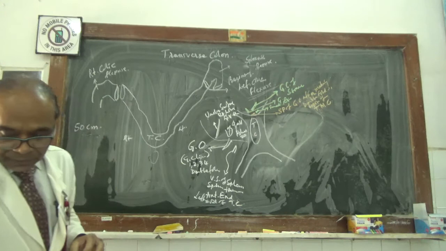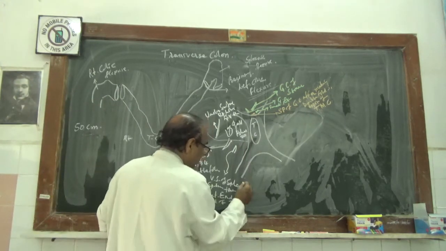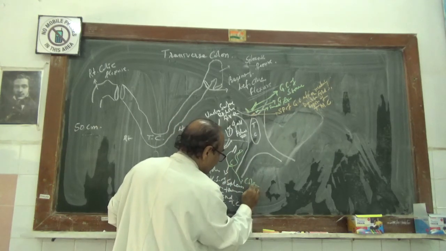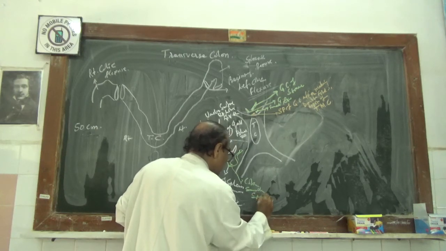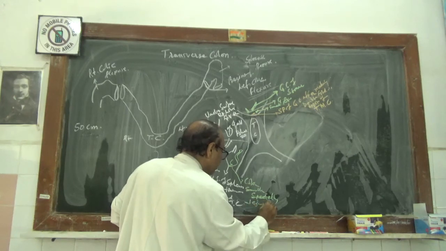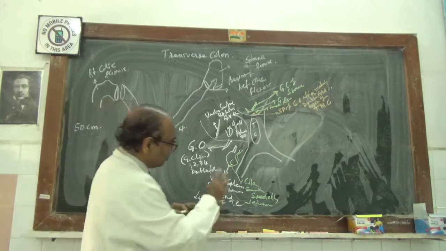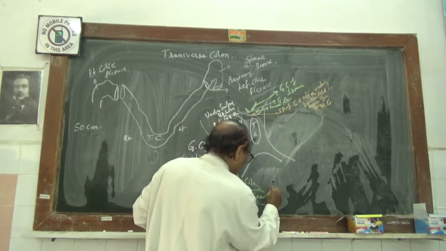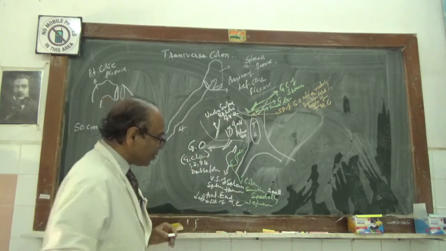Then you will be having further, the most important, which we dealt with yesterday, the coils of small intestine, especially the jejunum. Those will be there, a small part, especially of the jejunum.